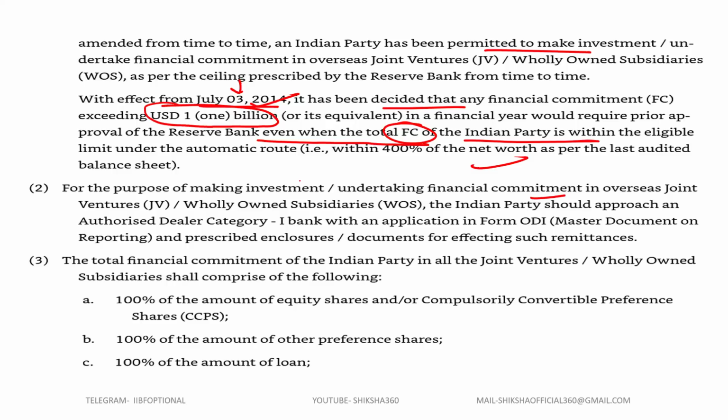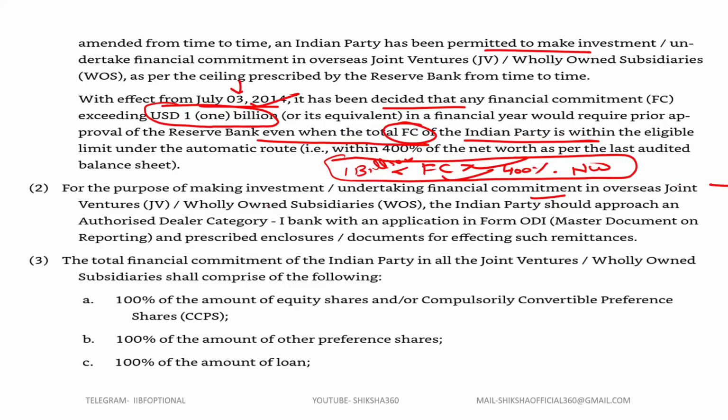It means that if it exceeds 400% of the net worth limit but is less than 1 billion, even in that case they will require the permission of the Reserve Bank. That is, for financial commitment more than 400% of net worth and less than 1 billion, the Indian party will require the permission of the Reserve Bank.